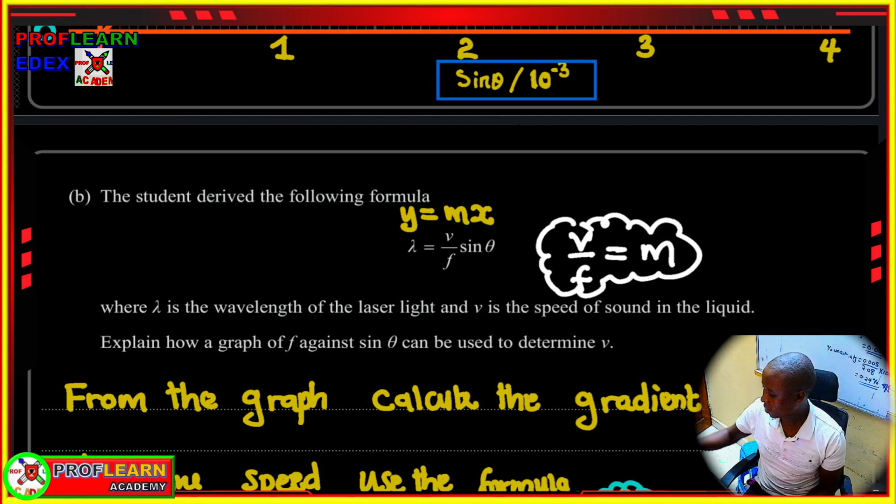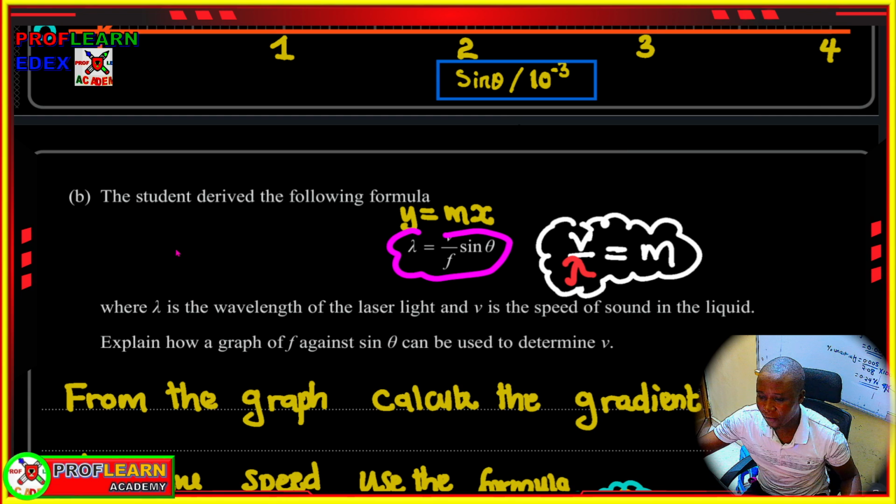Let me just mention something on that. If we rearrange the formula, we are going to have f is equal to v over lambda times sine theta.